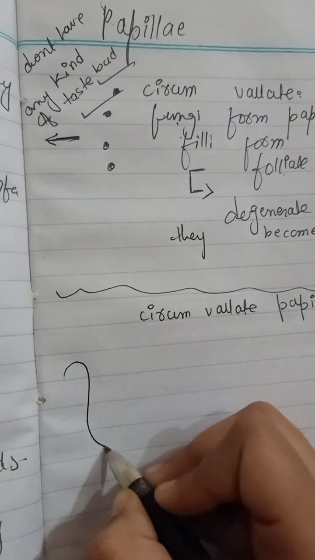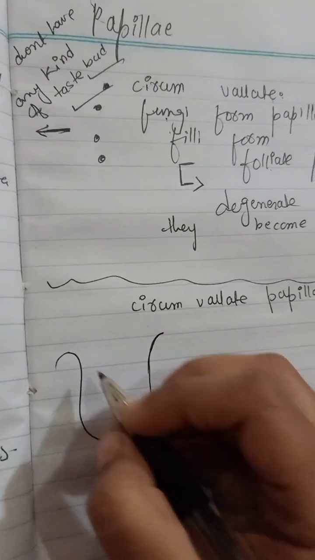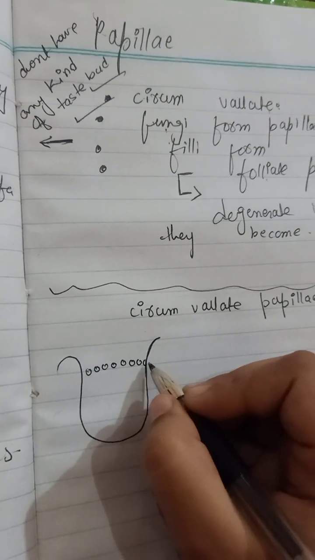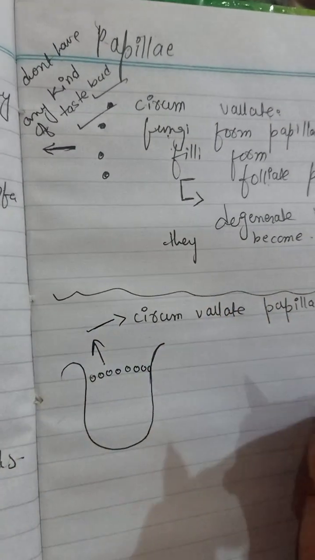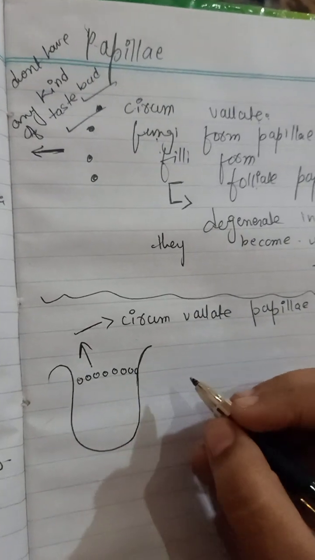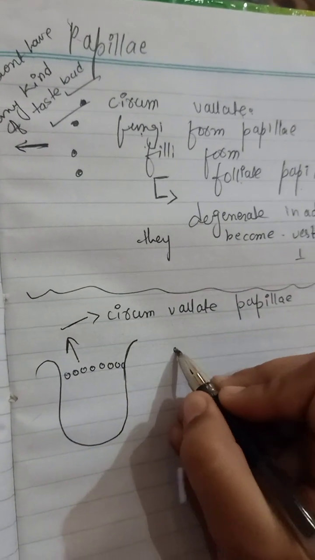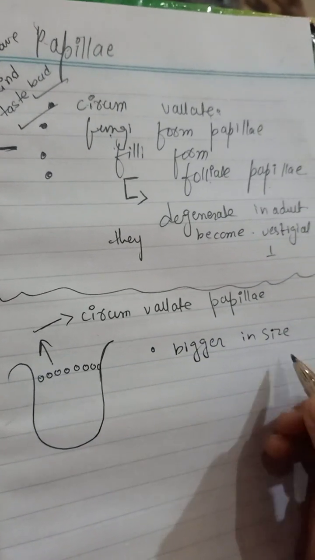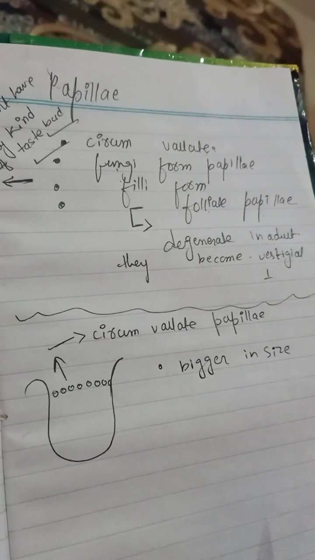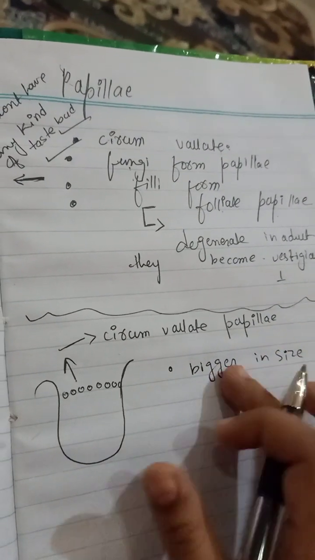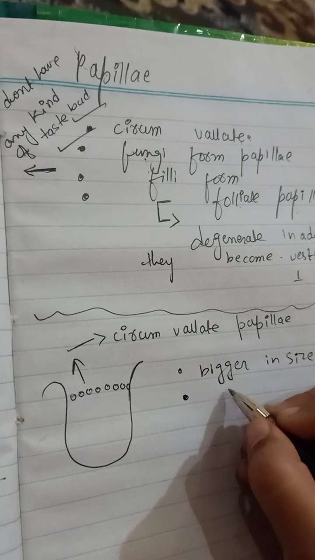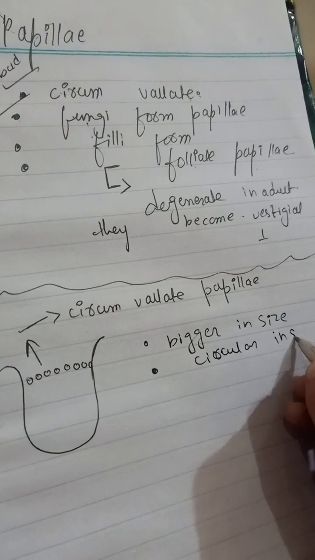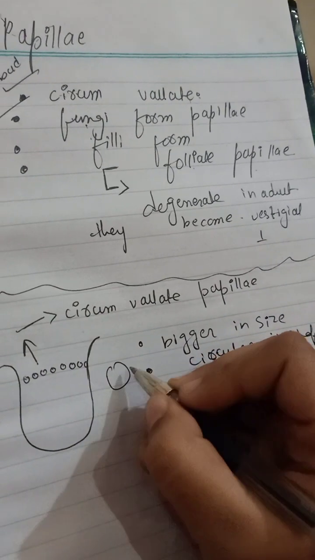This is a tongue, and here you can see the circumvallate papillae. They are bigger in size in comparison with all the papillae, and they are circular in shape, as you see they have this type of structure.